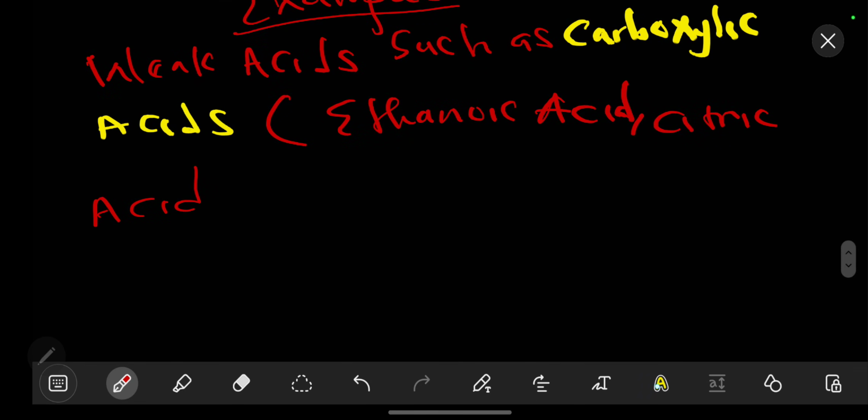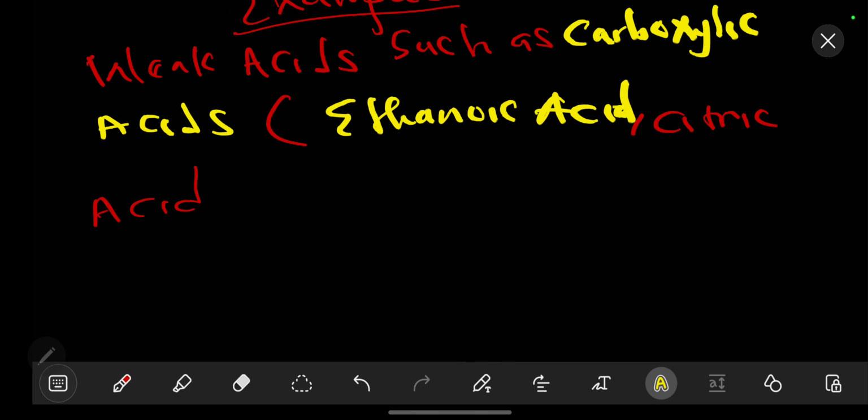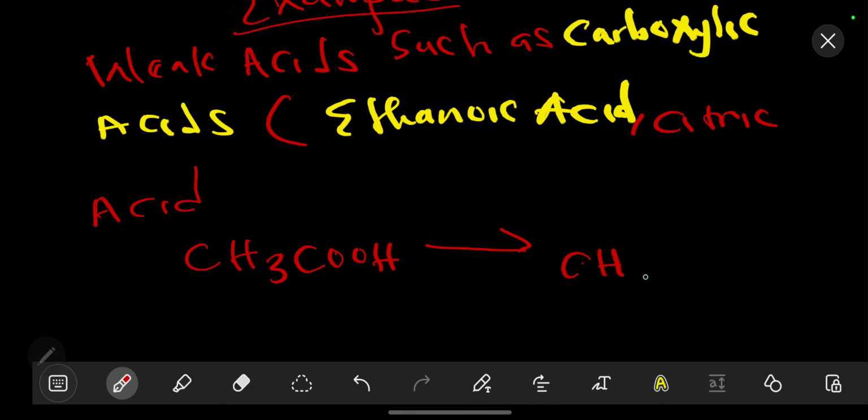So the ionization equation for this, let's take ethanoic acid. We are going to have CH3COOH. This one is able to become CH3COO minus plus our hydrogen ion. This is the splitting.